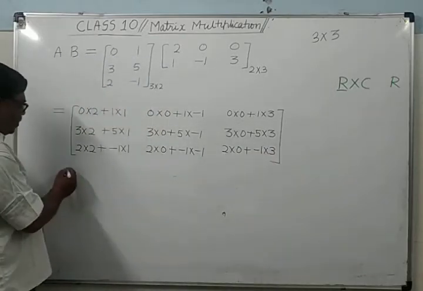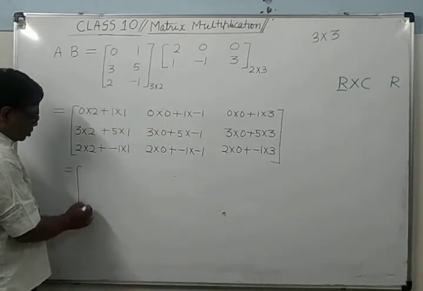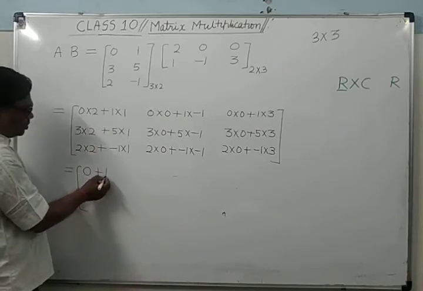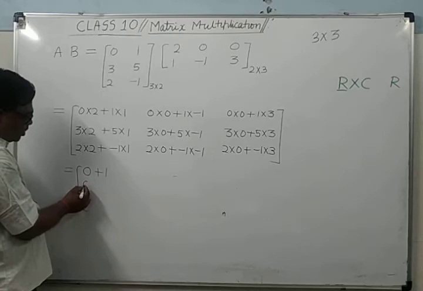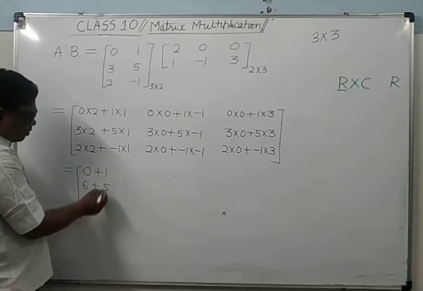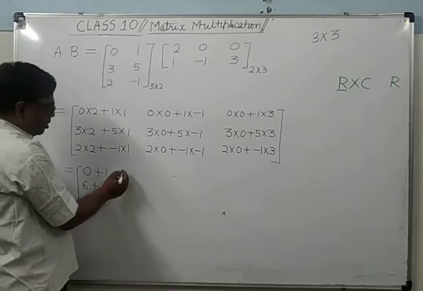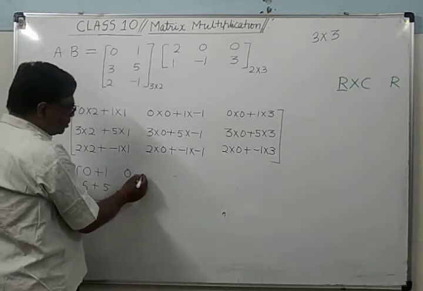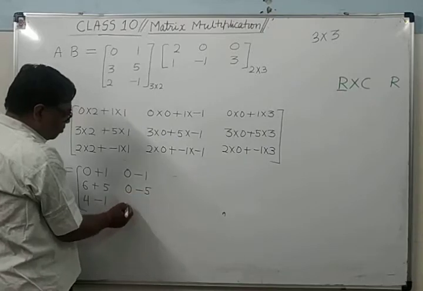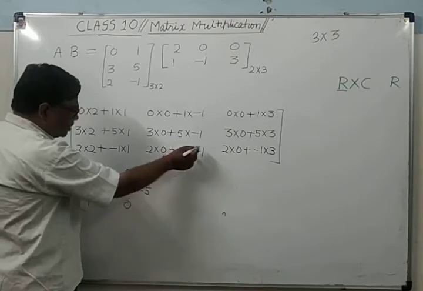Now you simplify this. When you simplify, 0 into 2, 0 plus 1, 6 plus 5, 4 plus minus 1. Then 0 plus minus 1, 0 minus 5, 0 minus minus plus.